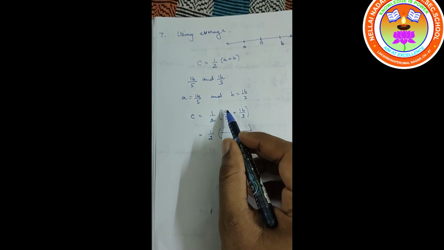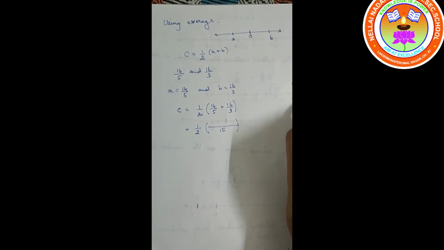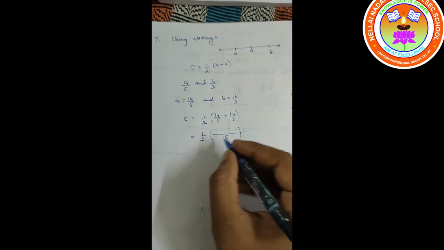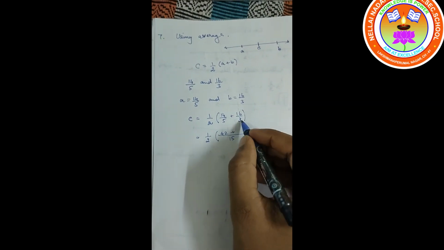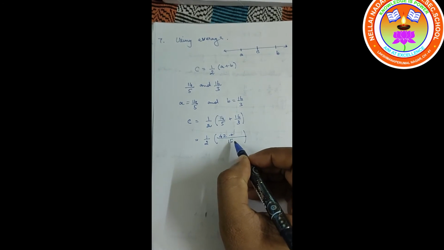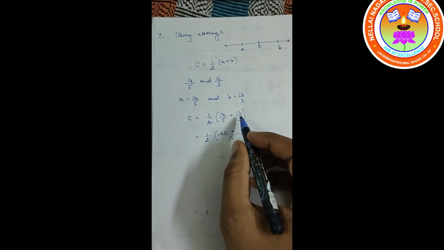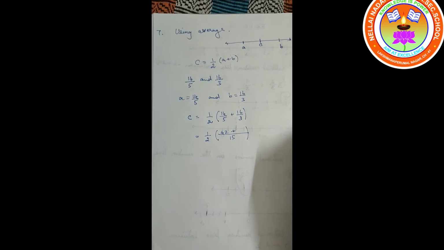Multiply the same 3 in the numerator also. 14 3s are 42, plus how many times will 3 become 15? Yeah, 5 times. Multiply 5 with the numerator.